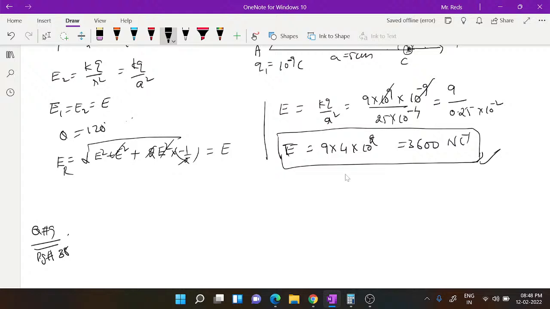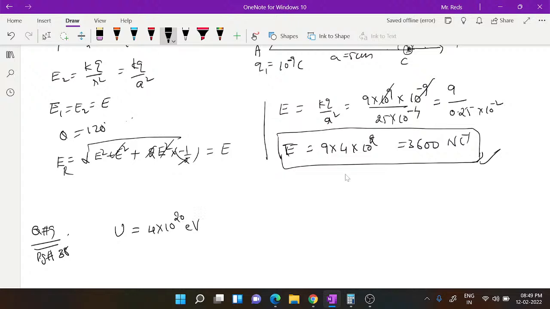So here it is mentioned that 4 into 10 power 20 electron volt is required. This is energy, so you have to remember that this energy of 4 into 10 to the power 20 electron volt is required.